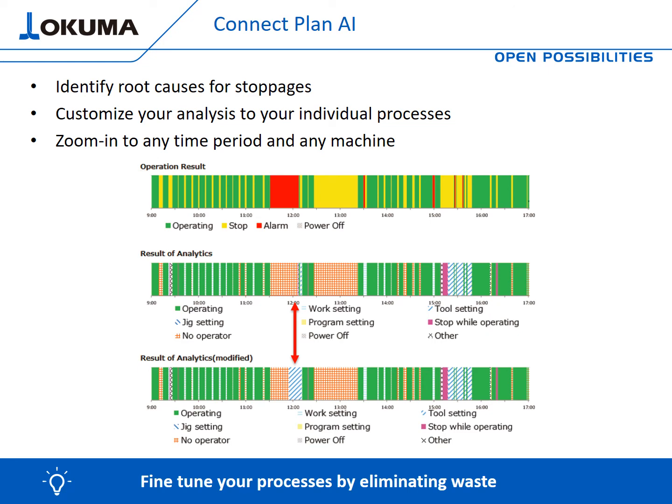And that then becomes part of the data set that the system utilizes to tell you what the machine has been doing. So this allows you to have a better set of data to determine what the machine has actually been doing and whether you need to take action to improve your productivity.